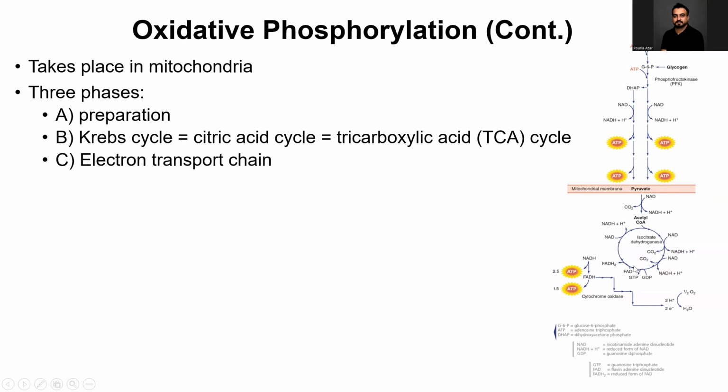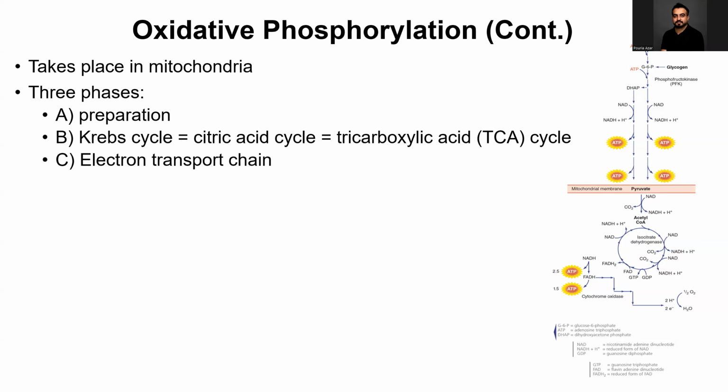Also, it's called the citric acid cycle, or TCA cycle, tricarboxylic acid cycle. So if you see these names and terms, these all refer to oxidative phosphorylation: Krebs cycle, citric acid cycle, and TCA cycle.